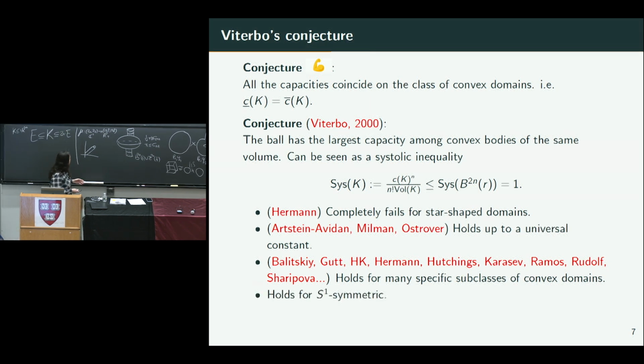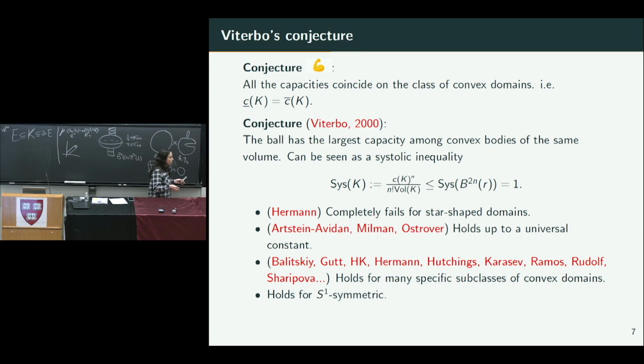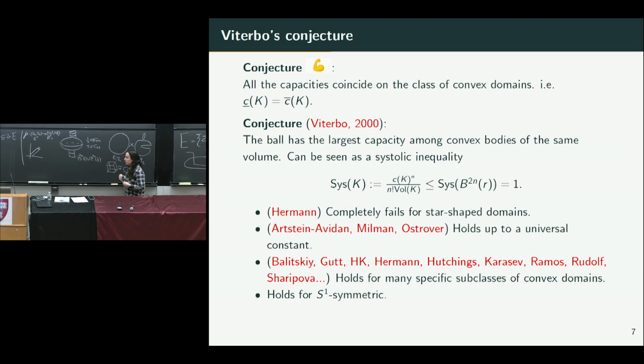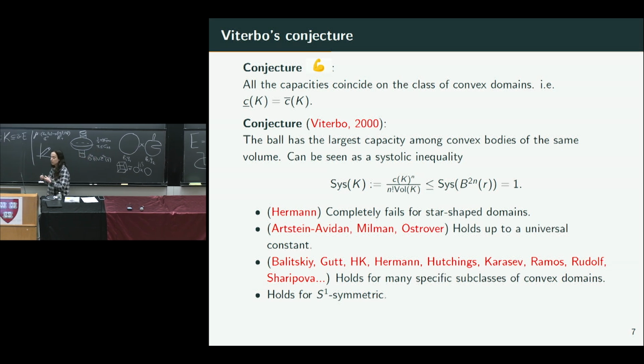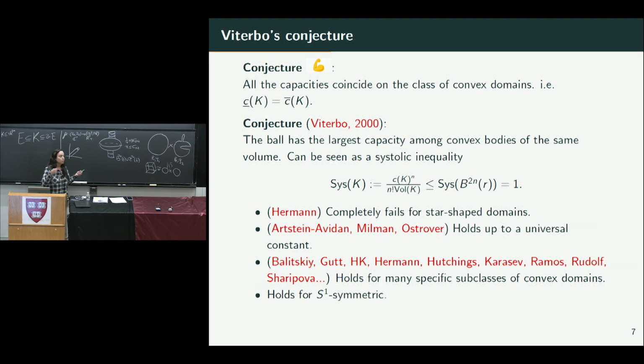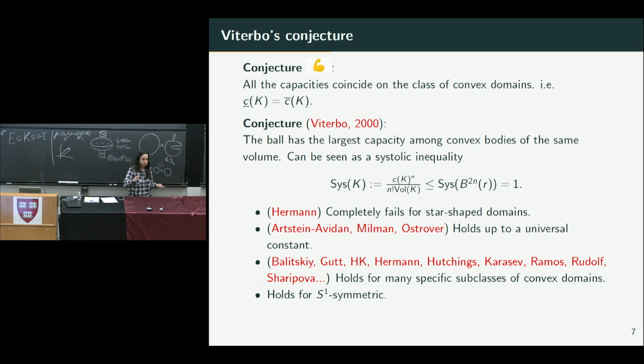And another fact I like is that the conjecture holds whenever the domain has S1 symmetry. So if I have a convex domain with S1 symmetry, then I could look at simply the largest ball inside. The two boundaries must intersect, otherwise I can take simply a larger ball. And now from the S1 symmetry of the ball and my convex domain, they intersect along an S1, a loop.